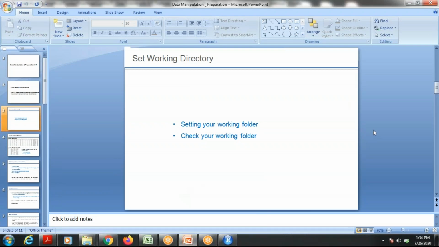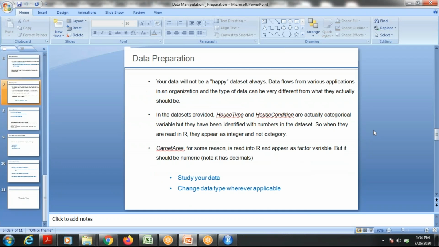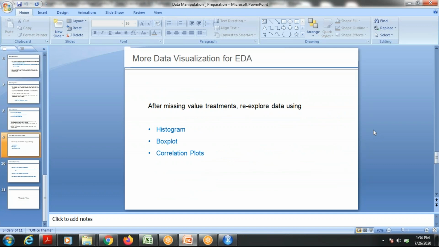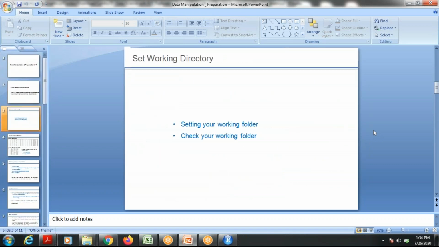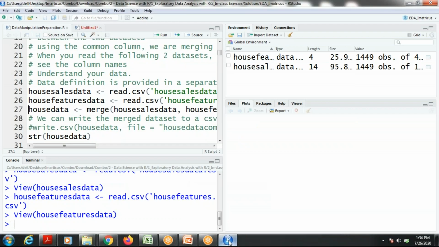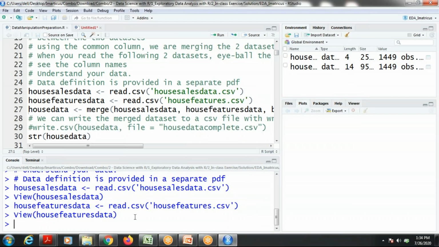Now, your first problem is saying that set your working directory and check your working directory. When you work in R, it is important to know where your working directory is.